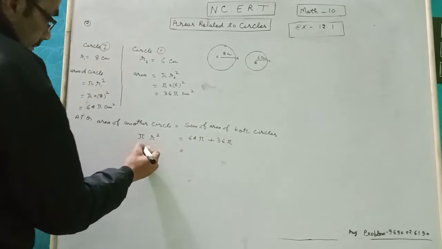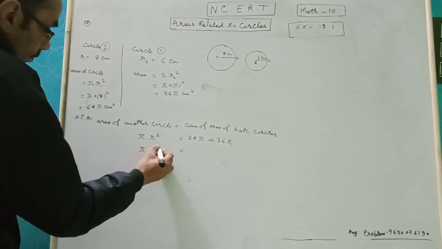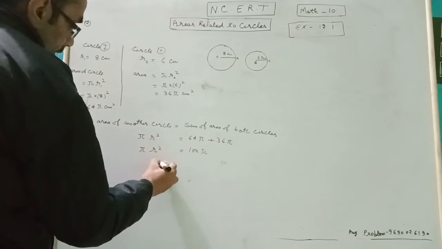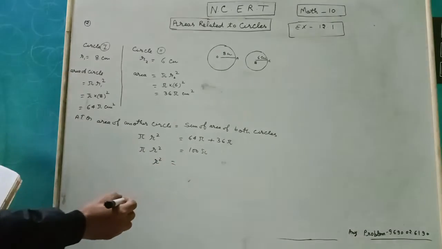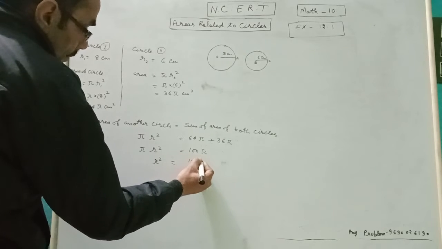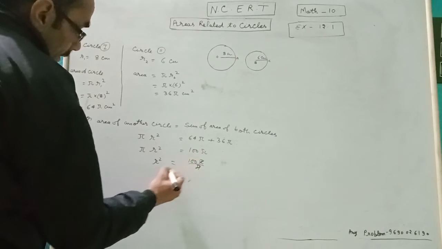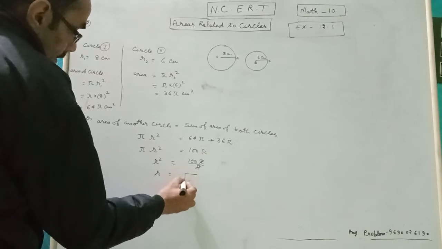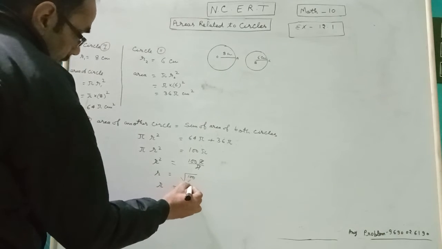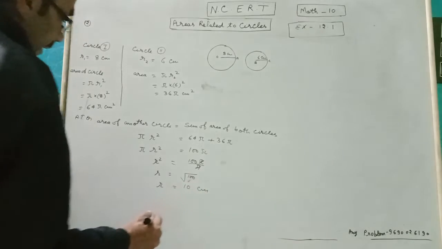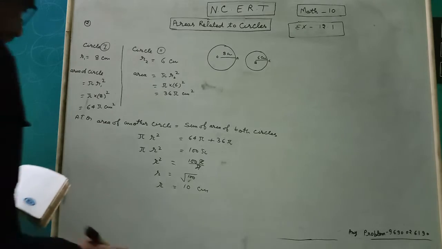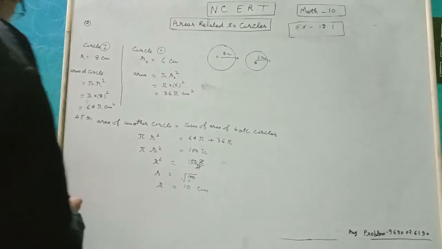After adding, pi r square is equal to 100 pi. R square is equal to 100 pi upon pi, pi divided by pi. R is equal to under root 100, so R is 10 cm, the radius of the other circle. Question number 2 is complete.